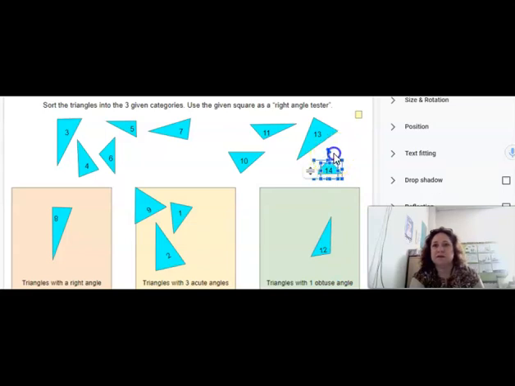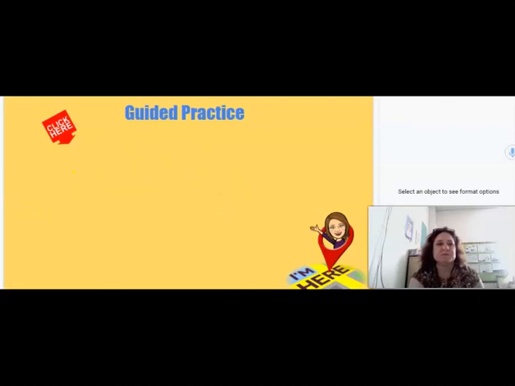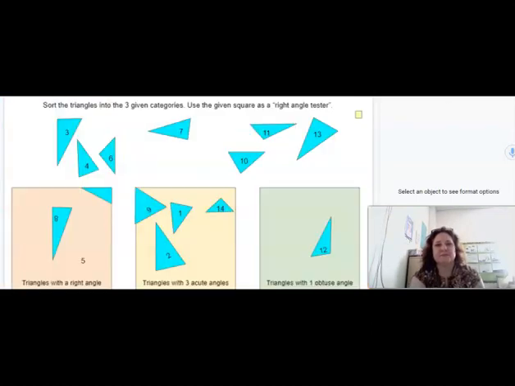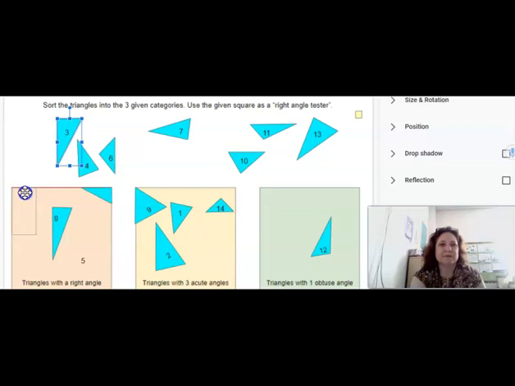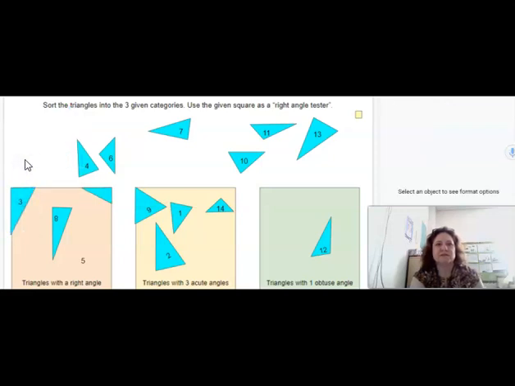Number 14. Okay, number 14, that looks like an acute triangle with 3 acute angles. Okay, number 5 is a right triangle. Number 3 is a right triangle.